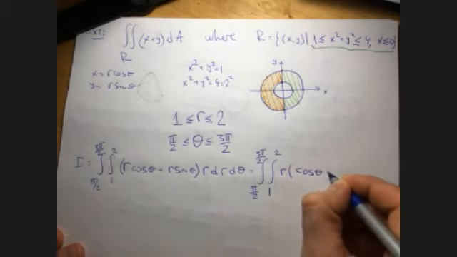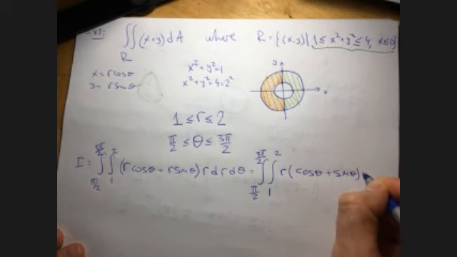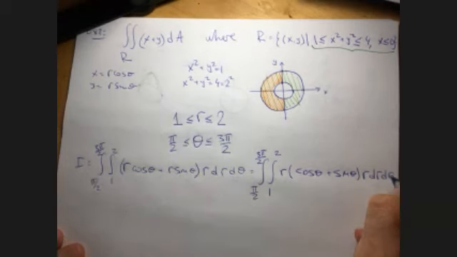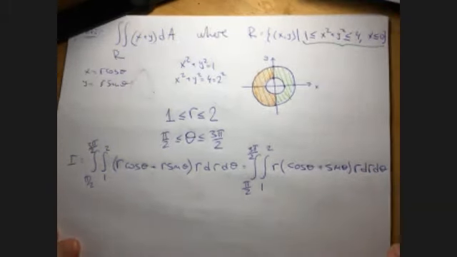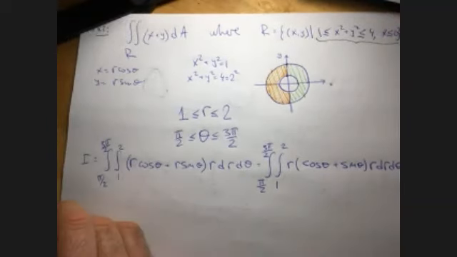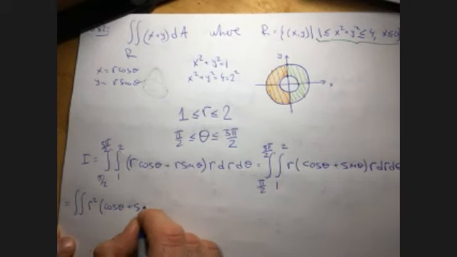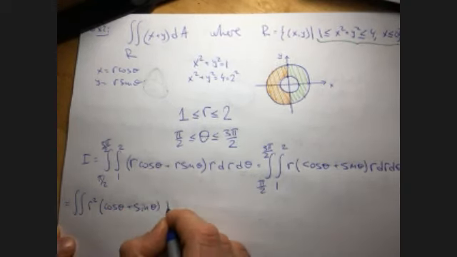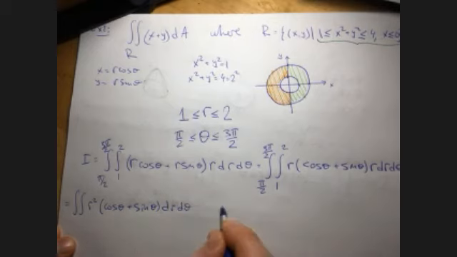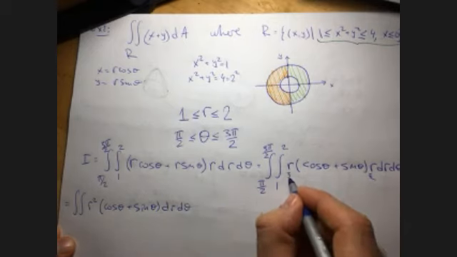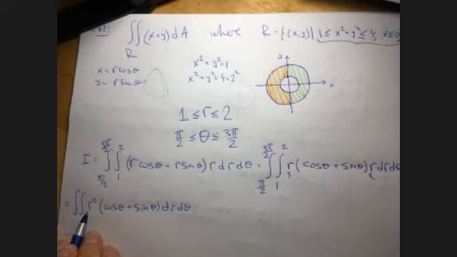Cosine theta plus sine theta times r dr d theta. R times r is r squared. Cosine theta plus sine theta dr d theta, right? This r and this r makes r squared.